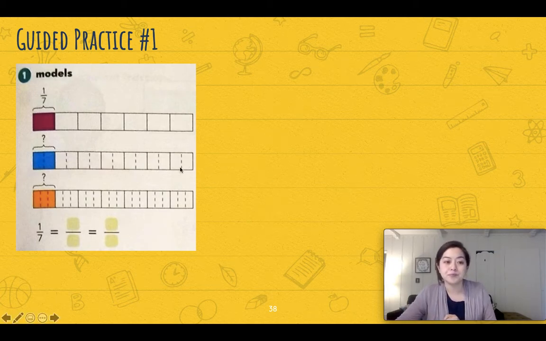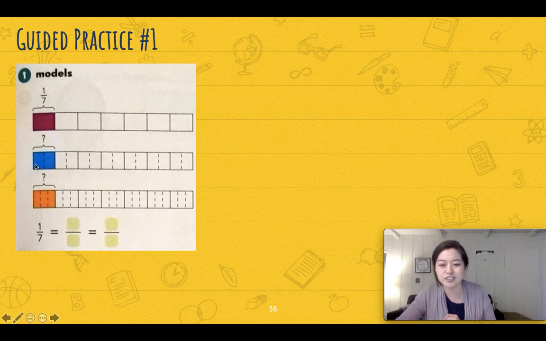Well, I see my 1/7 is represented by this purple bar model, okay? Because there's 7 total parts and there's 1 shaded part. Now, let's look at this bar model in the middle, okay? With the blue shaded parts. What are the total parts?